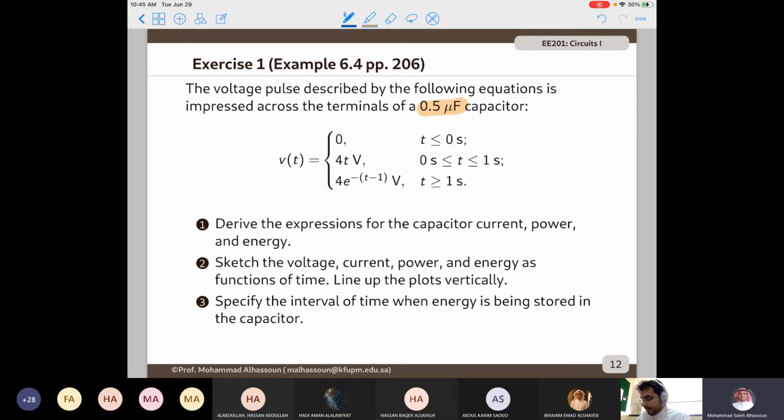We're given the voltage across the capacitor, so the circuit will look like the following circuit. This one is 0.5 microfarad. This is V of t. So we have a voltage pulse here.